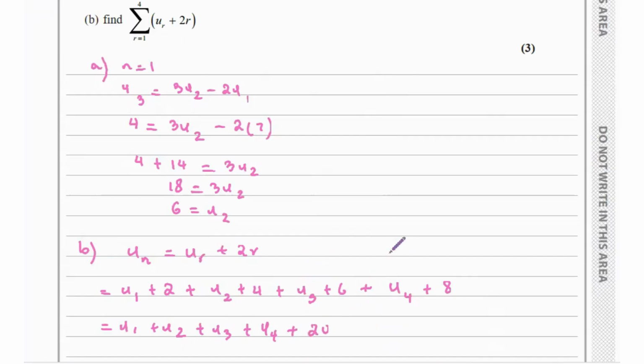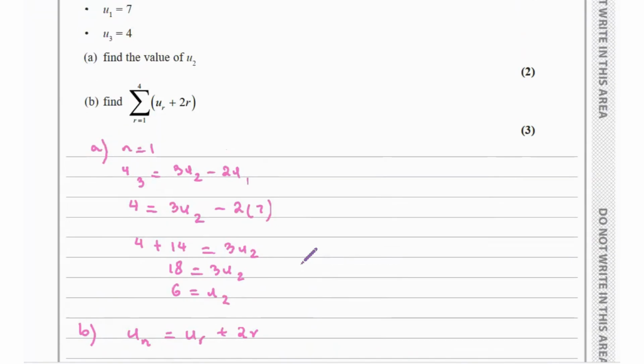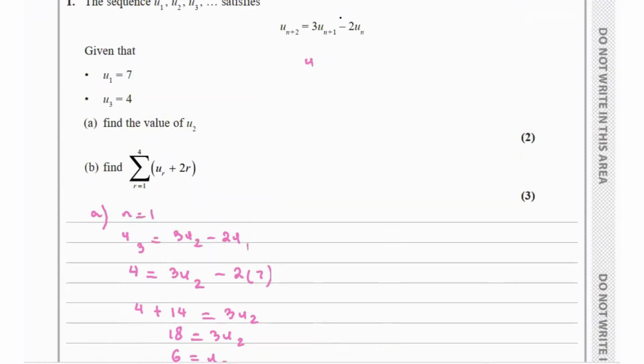Now for U1, U2, U3, U4, we already know that U1 is 7, U2 is 6, U3 is 4. So U4 equals 3 times U3 minus 2 U2.